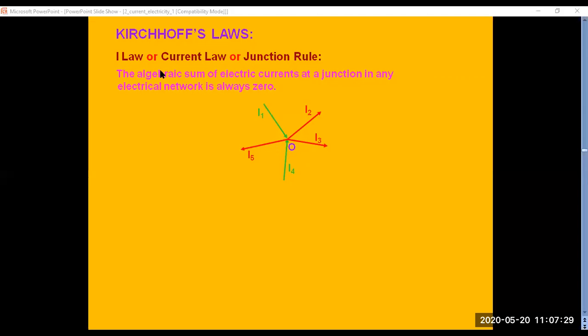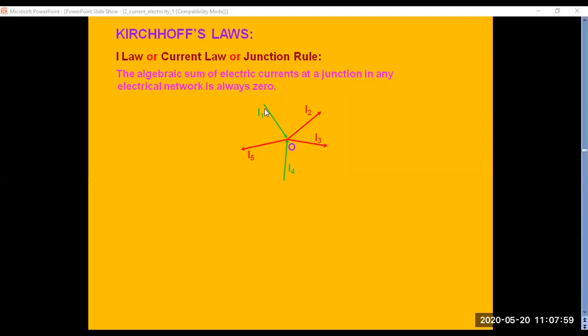So the statement of the first law is, the algebraic sum, that is, when you add all the current elements at a junction in any electrical network, it will be equal to 0. I am repeating it. The algebraic sum of the currents at a junction in any electrical network should be 0.